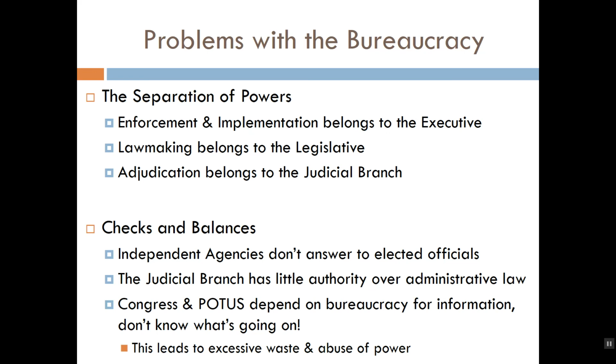And of course, that means that the executive bureaucracy is also inconsistent with the constitutional principle of checks and balances. Because remember, checks and balances tells us that when we are separating the core powers of government across branches, we should give each branch some tool to check the other branches so that no one branch comes over and takes away the core function of another branch.